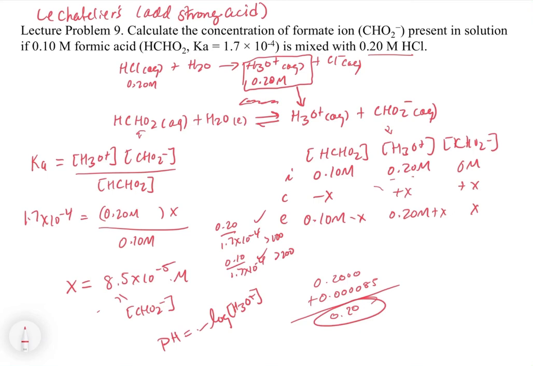The fact that we put the strong acid in means that regardless of what's going on with our weak acid and base stuff, the pH is going to be locked in by that strong acid. That makes sense because strong acids are strong and they're going to fully ionize. The weak acid is weak, and that's going to have a relatively lower impact on the H3O plus concentration. So if you were to calculate the pH of this one, you would get the same pH as you would in just a solution of 0.20 molar H3O plus.